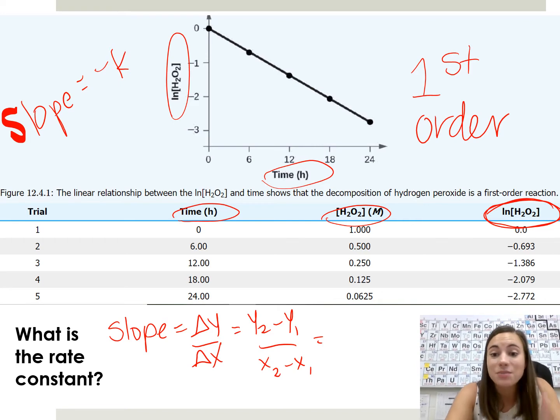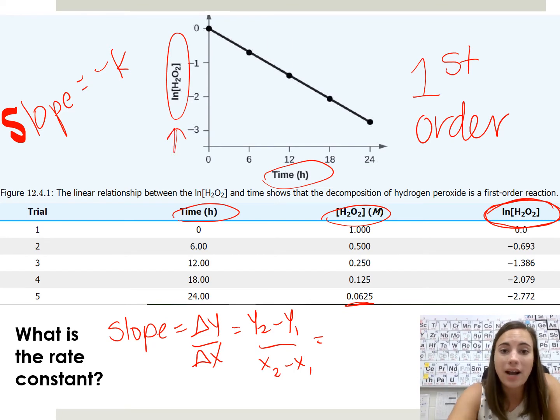Now, the biggest mistake that students make in finding the rate constant from this data is they plug in concentration as their y value. But for a first order graph, our y-axis isn't concentration, it's natural log. So you have to remember that this is my y and this is my x, okay?